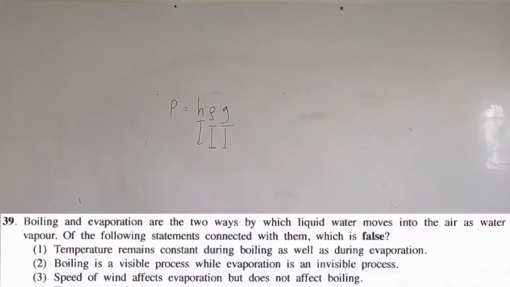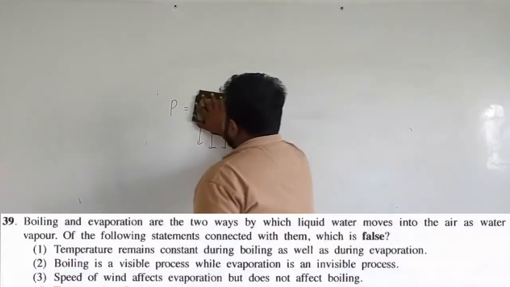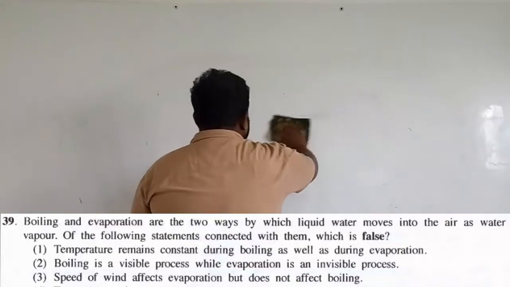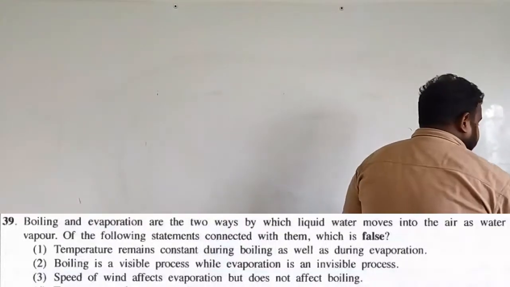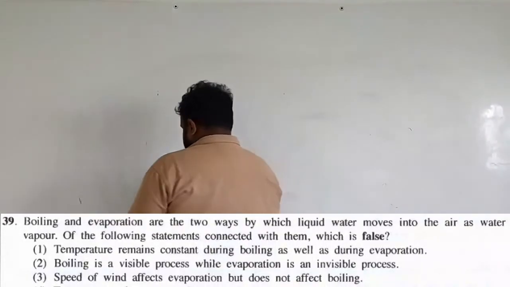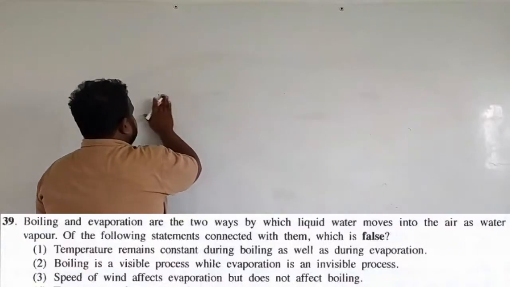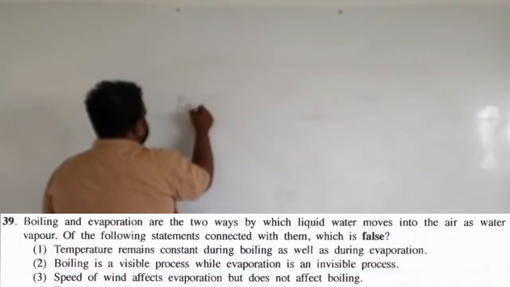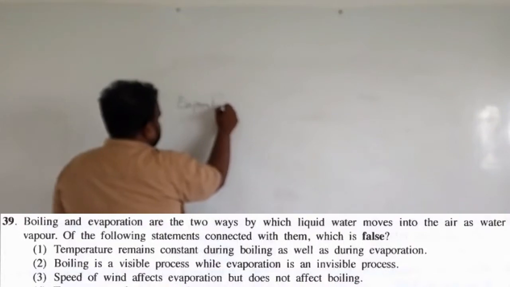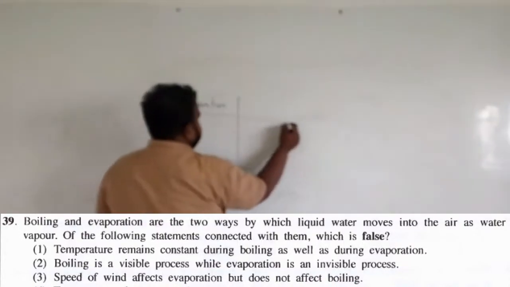39th, in your marking scheme for the 39th, they have given you all answer. They have given you all answer in the marking scheme. The reason, first you should know what evaporation and vaporization are, right? Evaporation and vaporization.